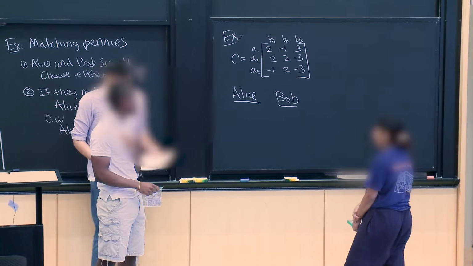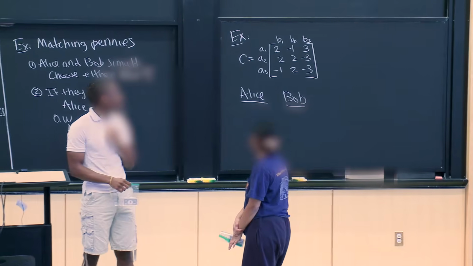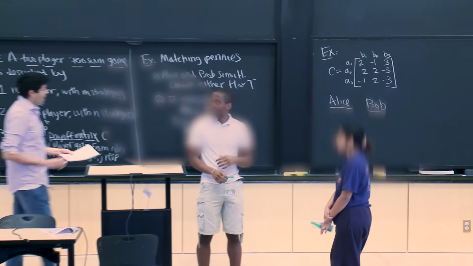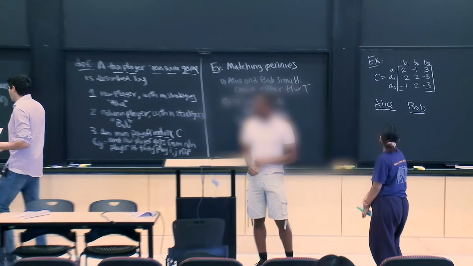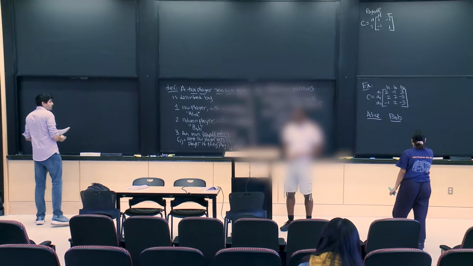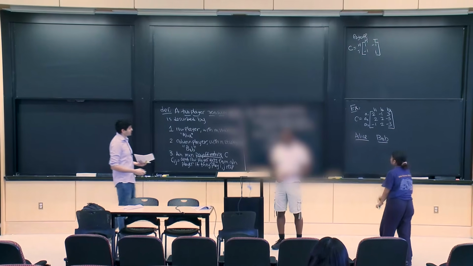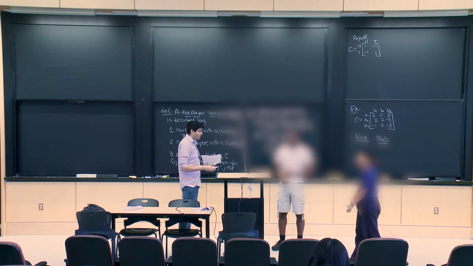All right, so what I'm going to have you guys do is grab some chalk and write down which strategy you pick: A1, A2, A3, B1, B2, B3. Hide your answers from the other person so they don't see it, and then we'll reveal them simultaneously and figure out who's doing better. So we'll play a few rounds of the game.